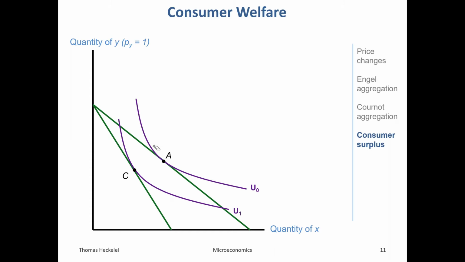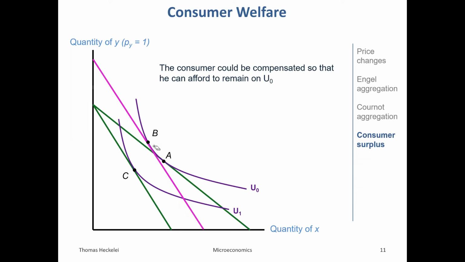Up to this point, we have two options to measure the impact of the change in PX. Either we keep the person at the same level of utility or welfare as before, U0, by compensating him with some extra expenditure. And this compensation is the compensating variation, right? Which is this part over here.